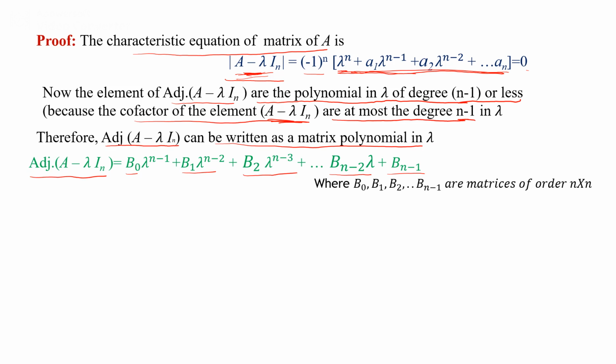Here b0, b1, b2 are matrices, the coefficient matrices of order n cross n. Now there is a very important property of matrices that we use here: if we multiply a matrix with its adjoint, we get the determinant of that matrix times the identity matrix of the same order.